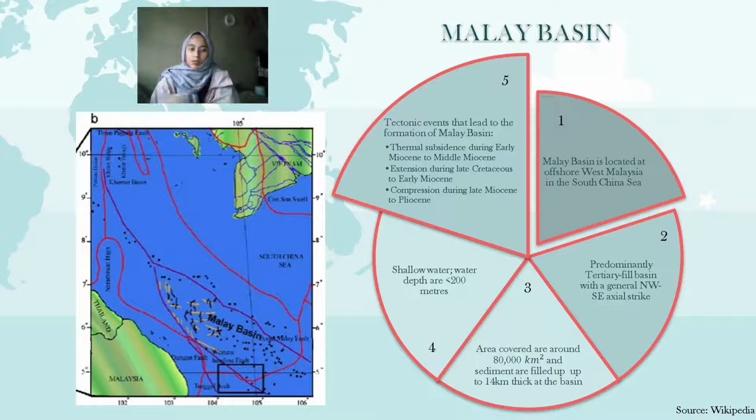There are some tectonic events that lead to the formation of Malay Basin: the first one is the thermal subsidence during early Miocene to middle Miocene, then the fault extension during the late Cretaceous to early Miocene, and the last one is the compression during the late Miocene to Pliocene.